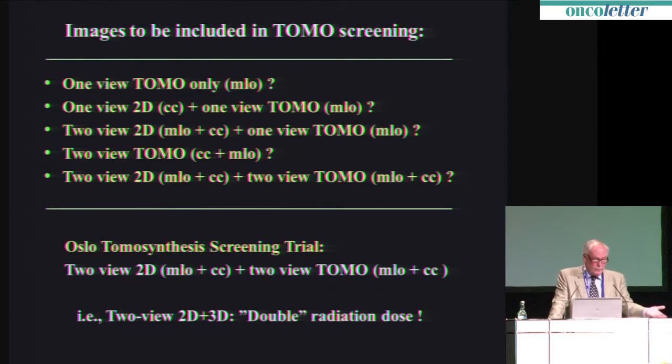Should we use two-view conventional 2D and tomo, or do we need two-view FFDM and two-view tomosynthesis? If we would need two-view tomo in addition to two-view FFDM, that means we would double the radiation dose to the women, and that would not be acceptable in daily practice. In a population-based screening program, that would not be acceptable.